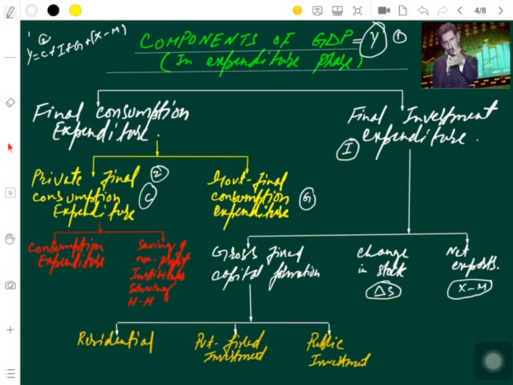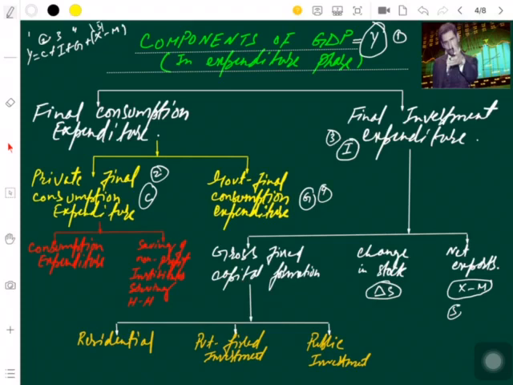Your I is here, number 3. Your G is here, number 4. Your what is remaining, X minus M, is here, number 5. That means we are done with the components of GDP in expenditure phase as well.